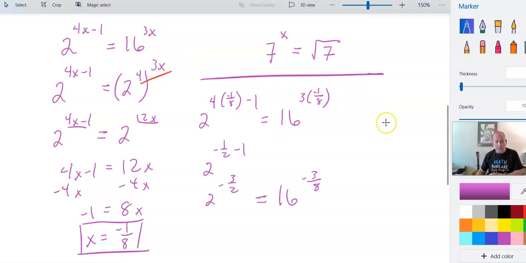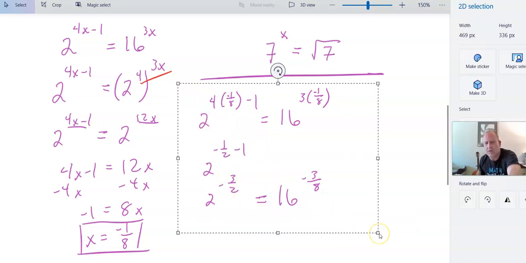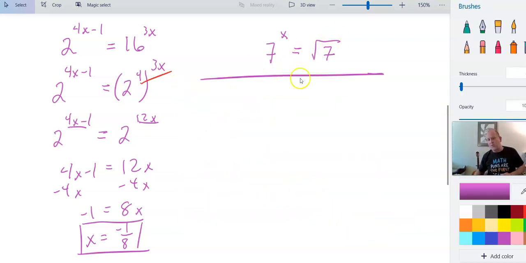Okay. So we have that. Let's go ahead and look at the second one here. I'm going to go ahead and get this part off. Now, this one might look a little bit different because that square root sometimes throws people off. But remember that square roots are exponents, right? Square root of 7 is the same as 7 to the 1/2 power.